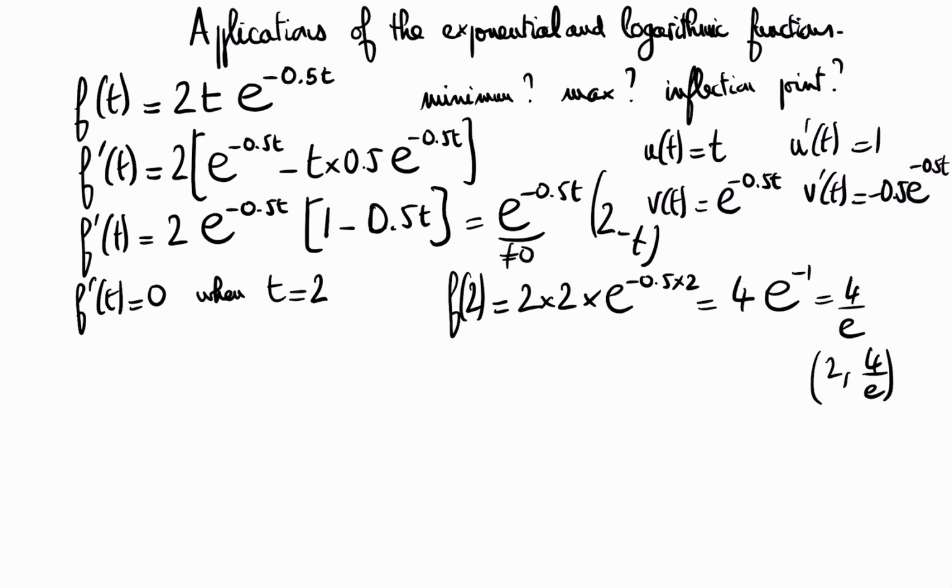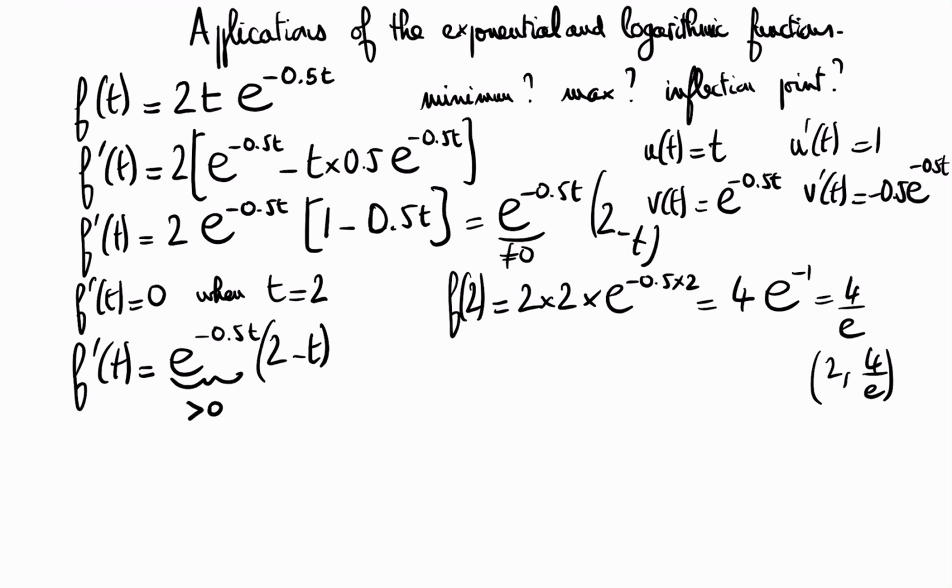Now, coming back to f prime of t, which is e to the minus 0.5t times 2 minus t. This exponential is always positive.